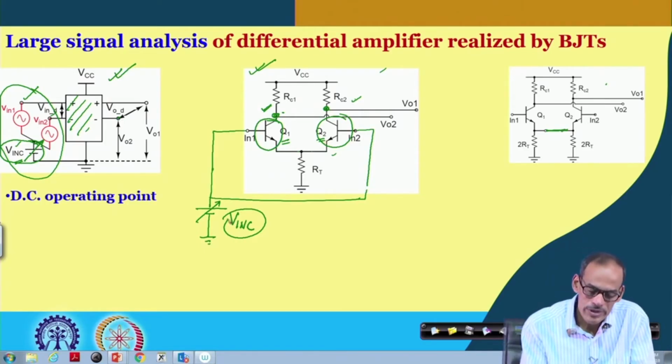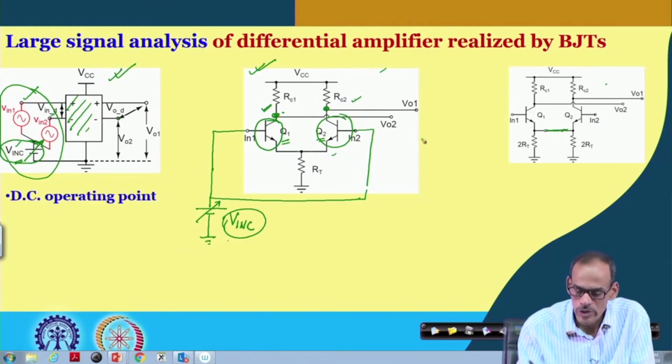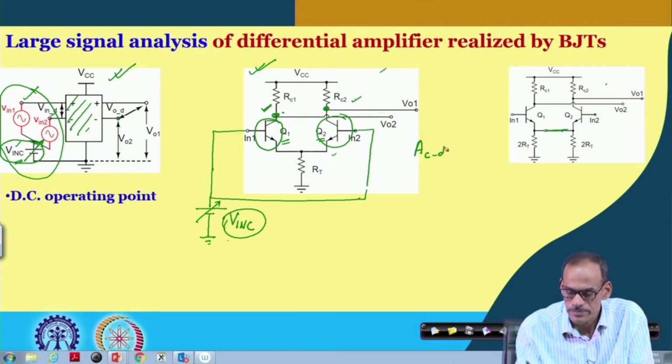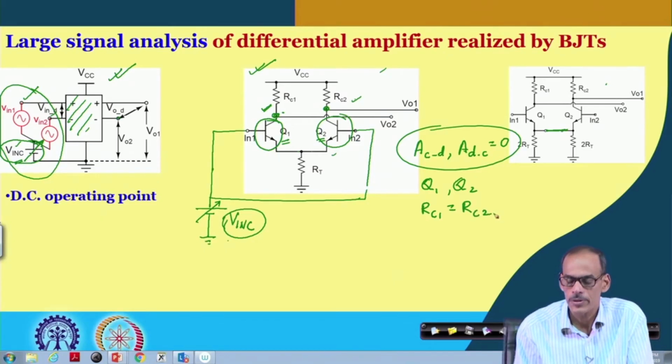So, the range of this voltage should be such that both the transistors are in the active region of operation. Now, we also have said that to make ACD and ADC 0, we say that Q1 and Q2 are identical and RC1 equals RC2, right.